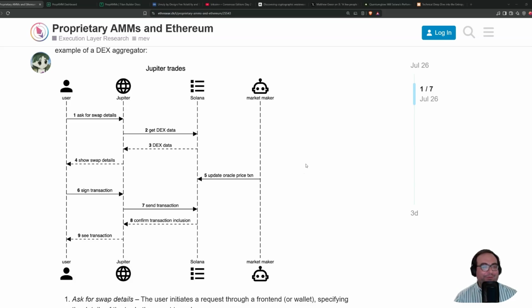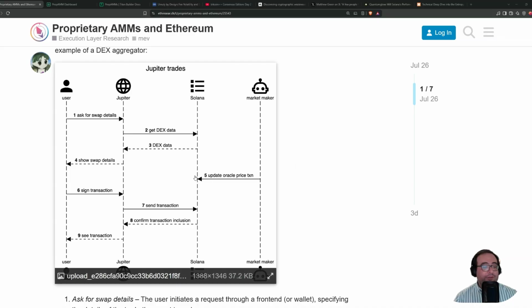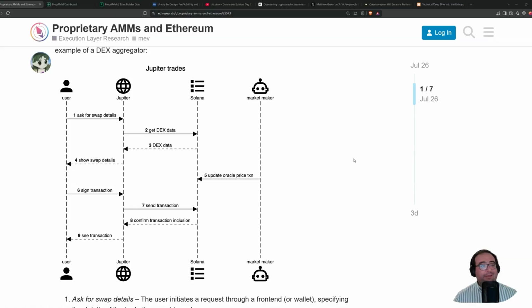There is an active player, there is a market maker that is continuously updating the price of the assets that are traded in this pool. So in a passive AMM, the price depends on the ratio between the assets deposited in this liquidity pool.